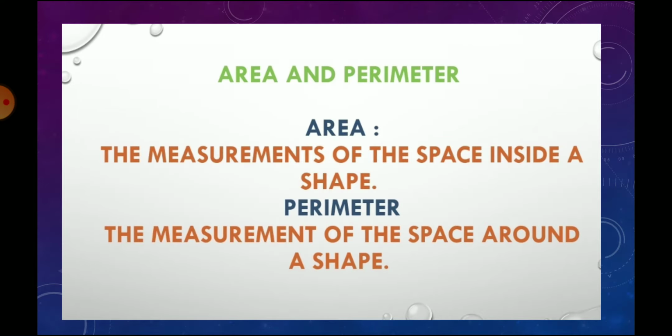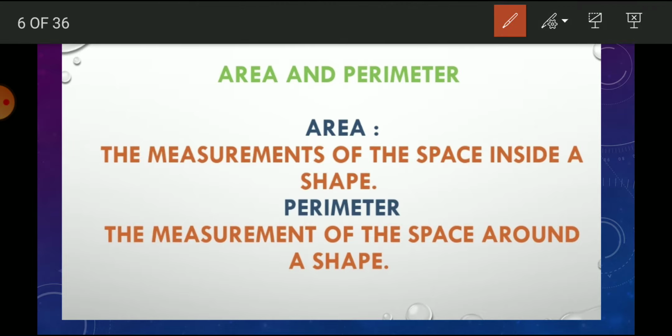Next is area and perimeter. We already know what area and perimeter are. I will explain using a diagram. Now I want to draw one square. The measurement of the space inside the shape is called area.